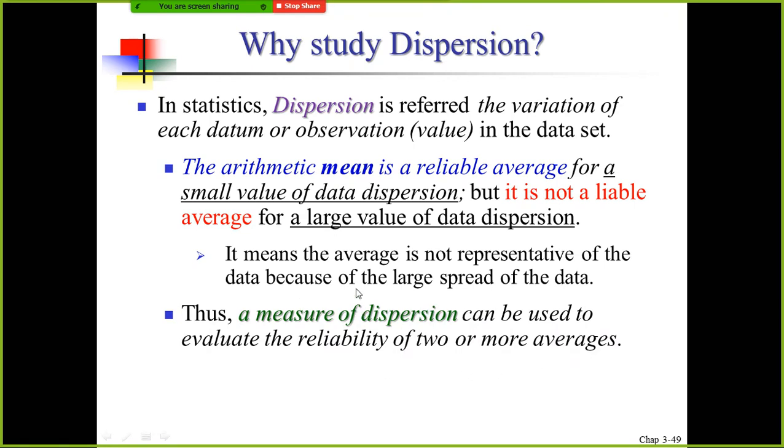When our data set has some items with a larger value and some items with a smaller value, the arithmetic mean cannot be used to represent the average or midpoint value because our dataset has a large dispersion. That's why, in order to understand this dataset, we need to measure dispersion for the dataset.